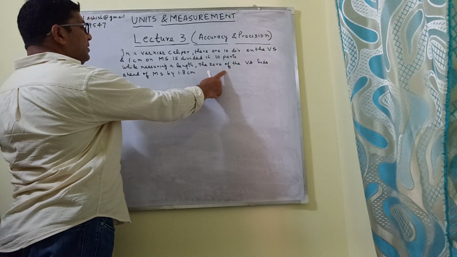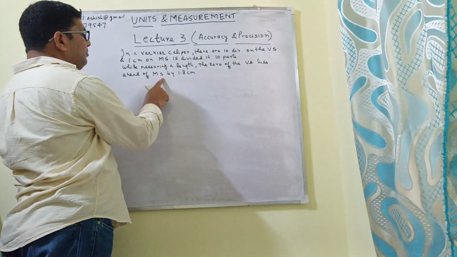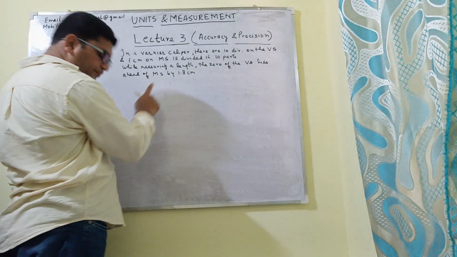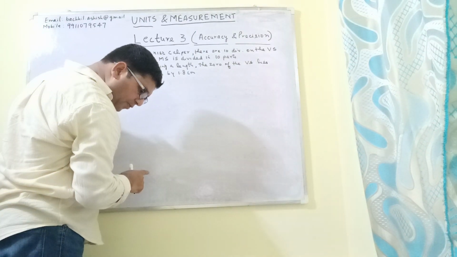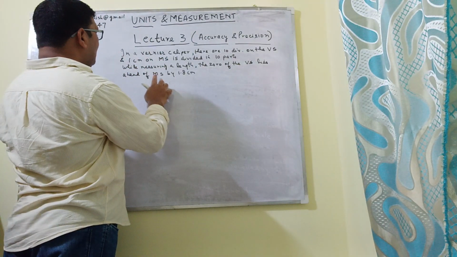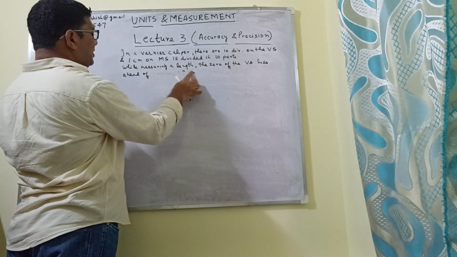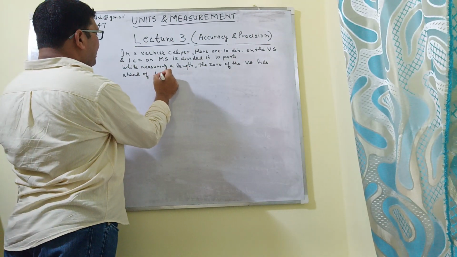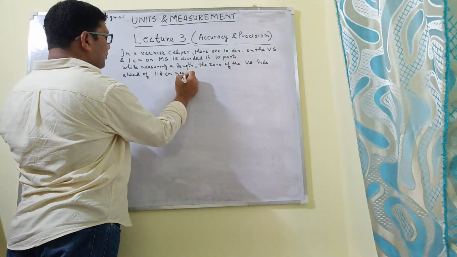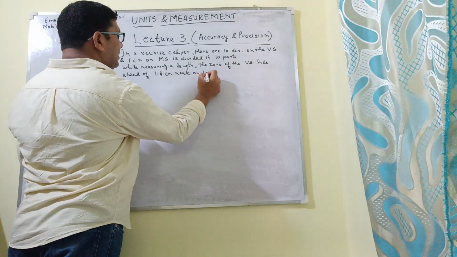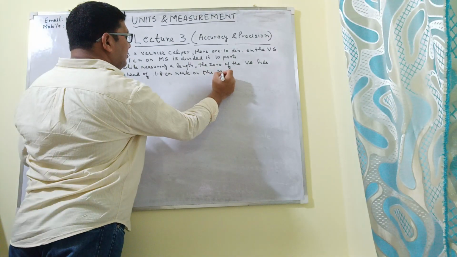The zero of the vernier scale lies ahead of the 1.8 centimeter mark on the main scale.